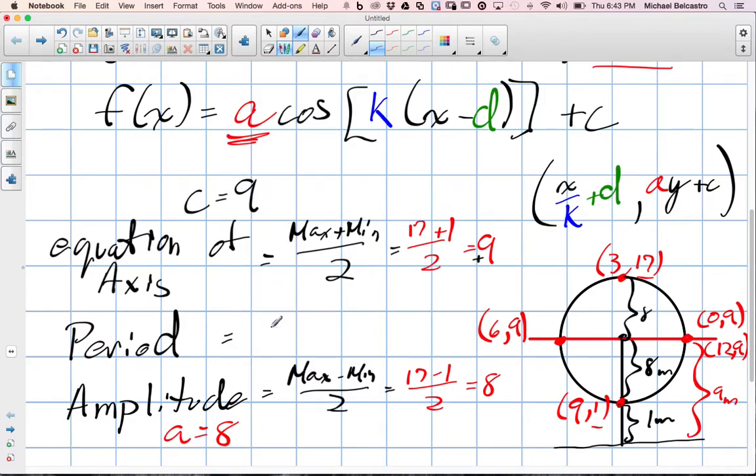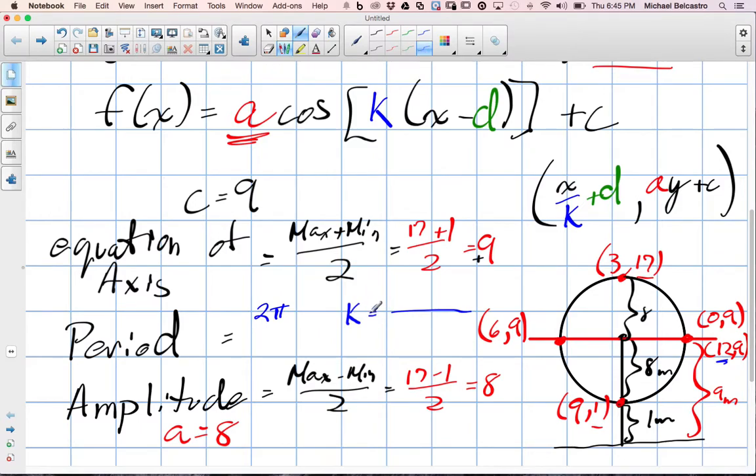Now our period normally equals 2 pi, right? And in this case, our period happens to be 12 seconds. So the way we find k, let me think of a great way to explain this.